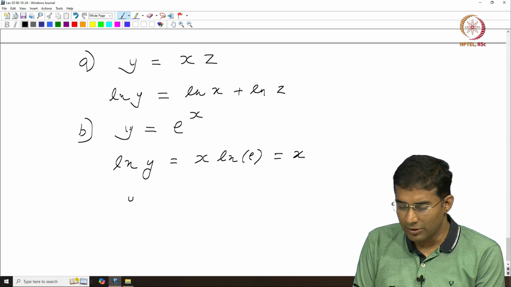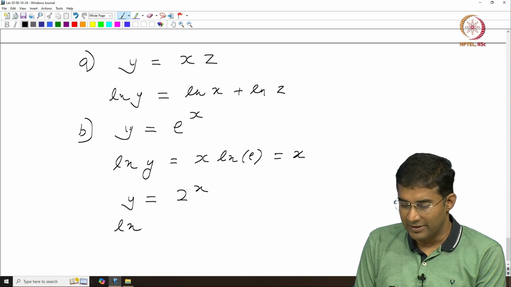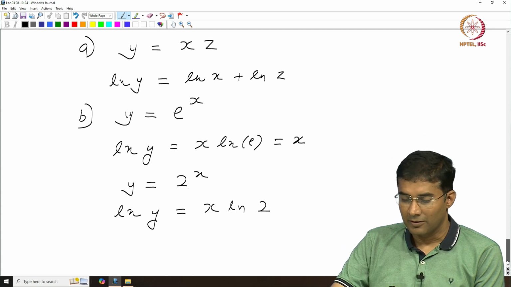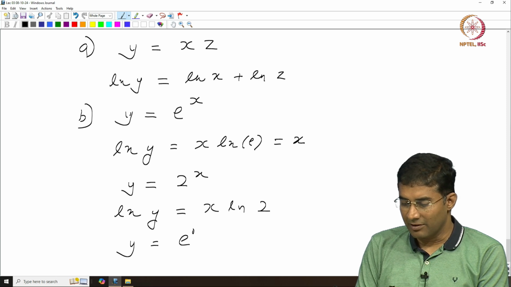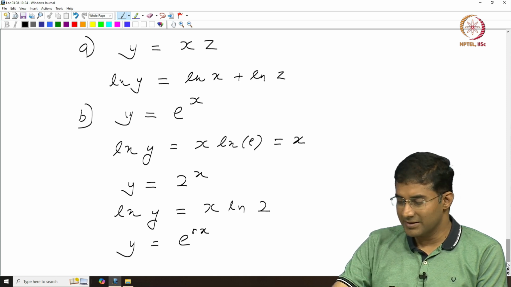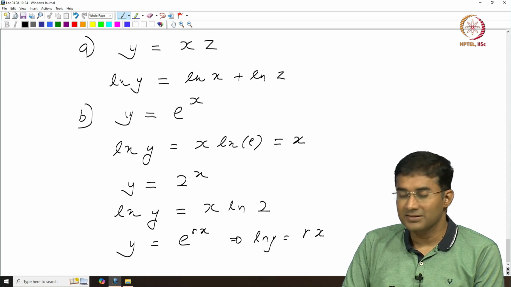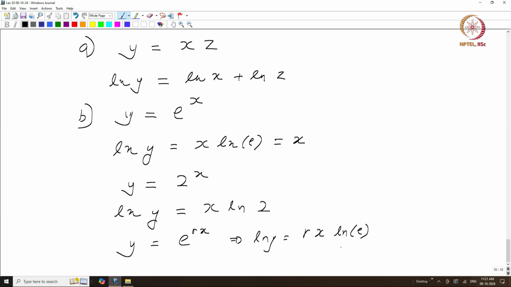You can consider slightly more complex functions such as 2 power x, then we will have x log 2. And imagine if y was e power r x. In such a case, if I take the logarithm, r x comes out as a coefficient, and of course the logarithm of e is 1, so this basically becomes r x. Okay.